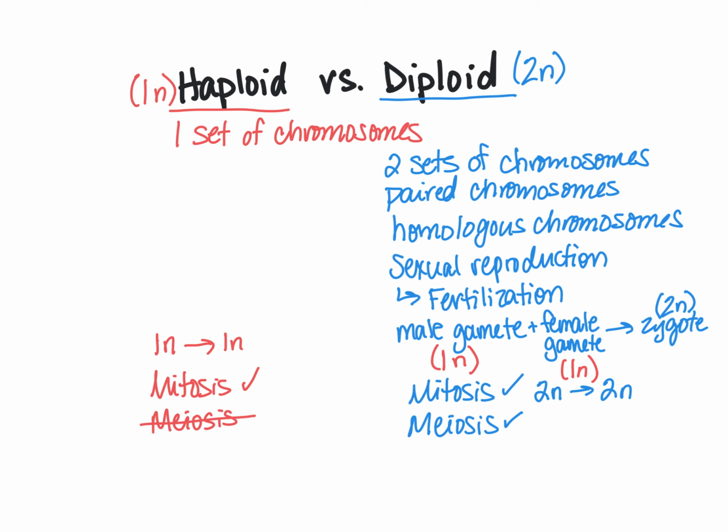With meiosis, the ploidy is going to decrease. So in meiosis, the cell is going to start out as 2N, but it is ultimately going to end up as haploid or 1N. And this is because those paired homologous chromosomes get separated during meiosis, so that all of the daughter cells produced now only have one set of chromosomes as opposed to the two sets that they started with.